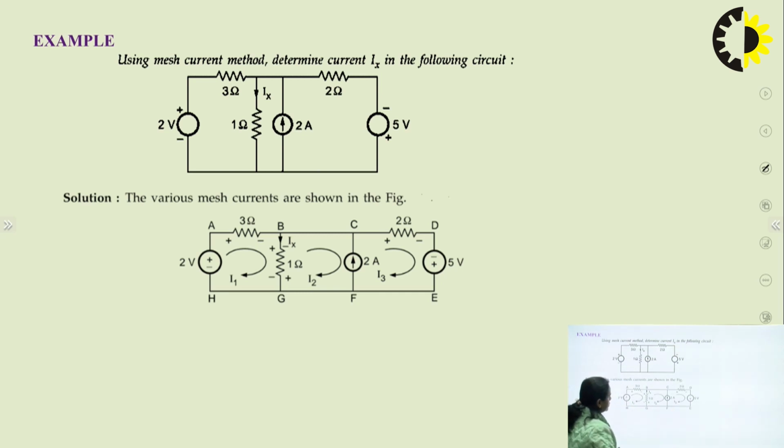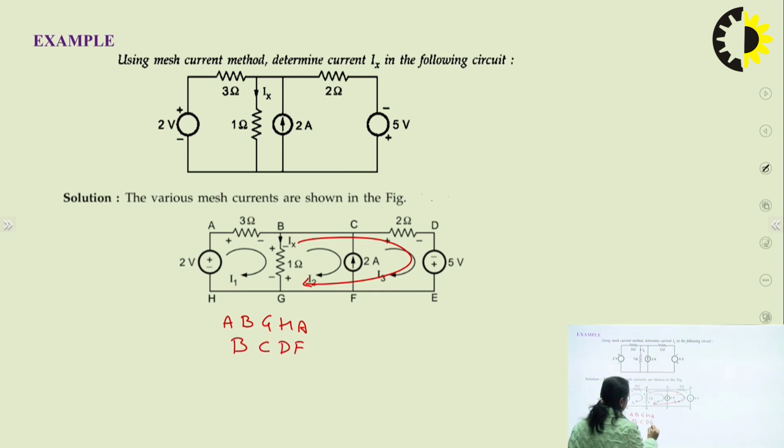We will write the equation for A, B, G, H, A, and then we will write the equation for this super mesh, that is B, C, D, E, F, G, B. We will write equations for these two loops, and we will solve for this branch, that is branch CF.